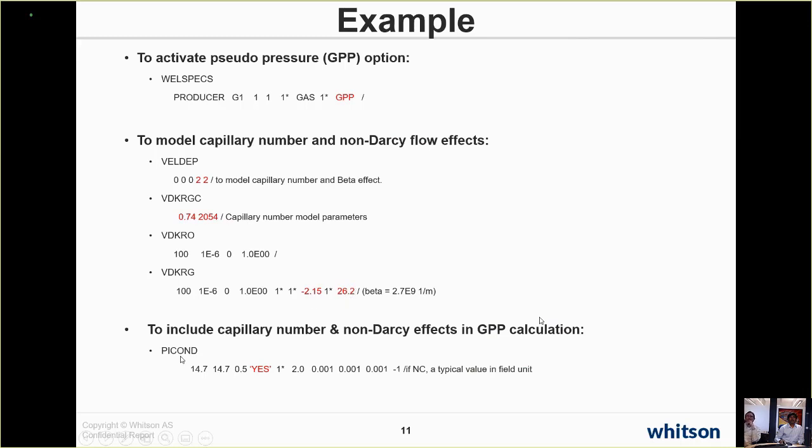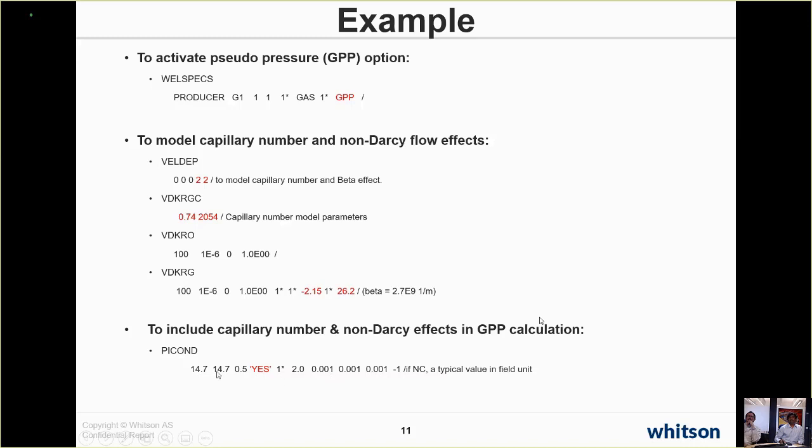And then we also have to use this PICON keyword, and we have to write yes under item number 4. The other parameters we can keep default.